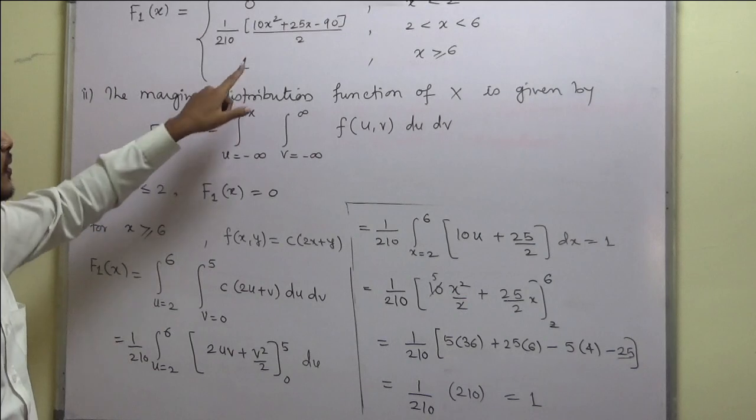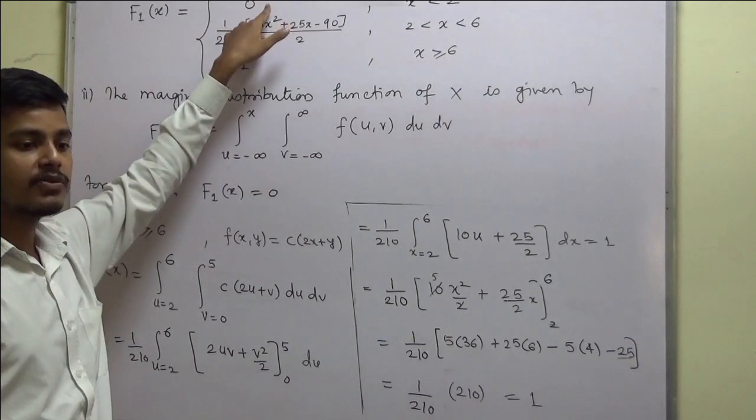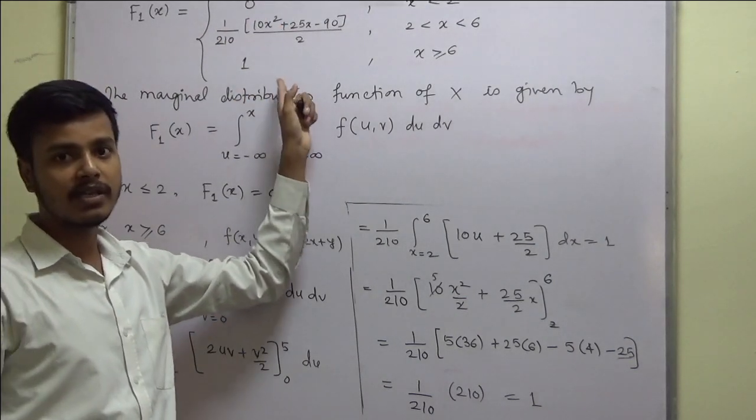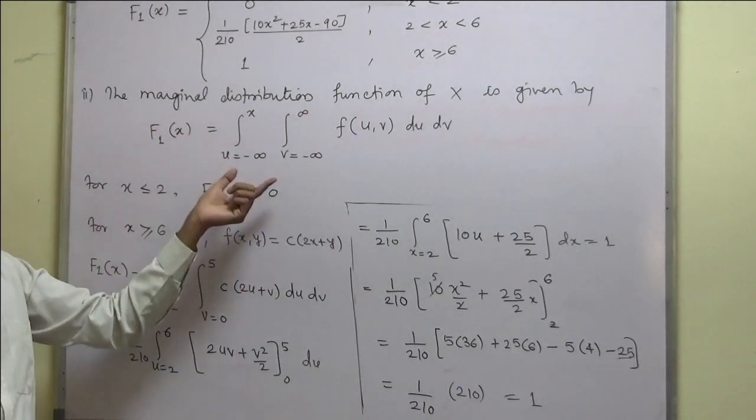So if we have the starting value 0 and the final answer as 1, it means whatever calculation we have done is correct.